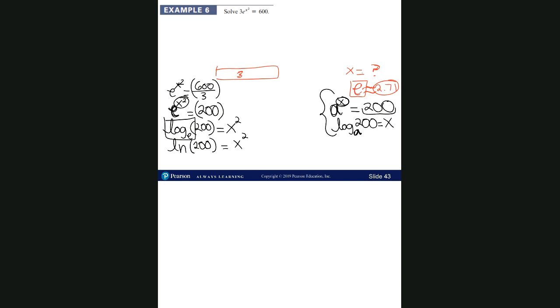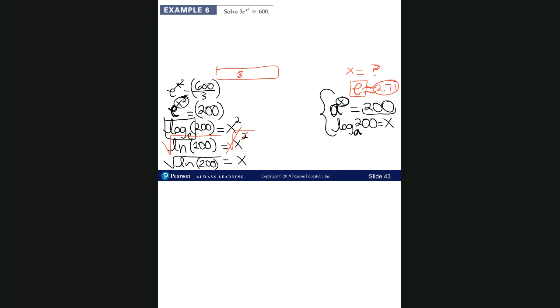Now here, to get rid of a square, the inverse operation will be to take the square root. So we will do that on both sides. Since the square root and the square are inverse operations of each other, it will cancel. You get x. And then here, we're going to find the square root of the natural log of 200.